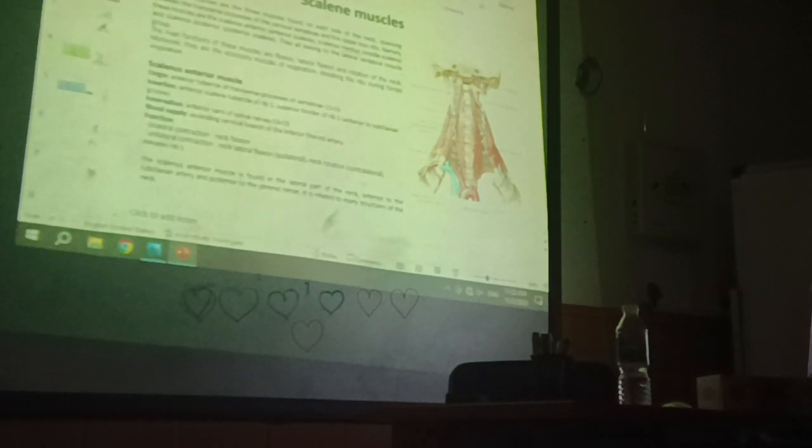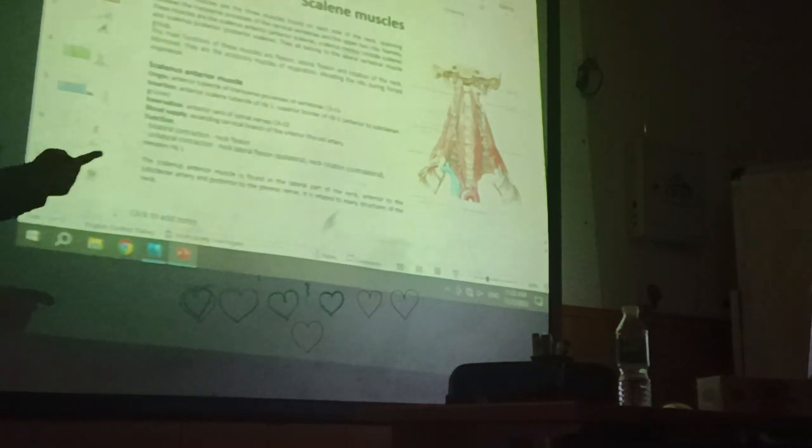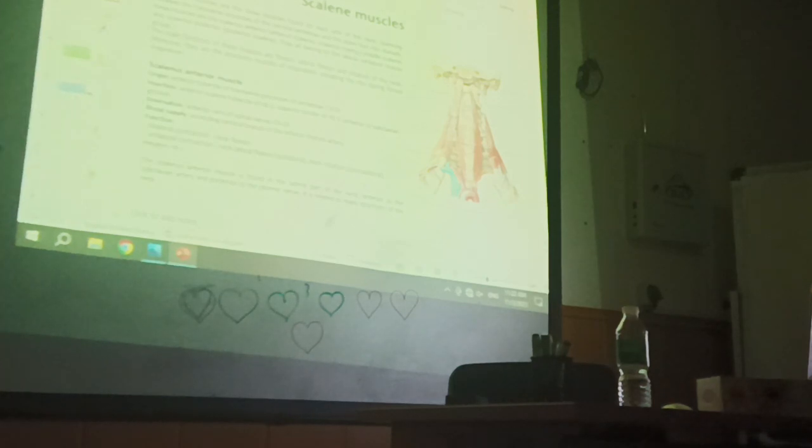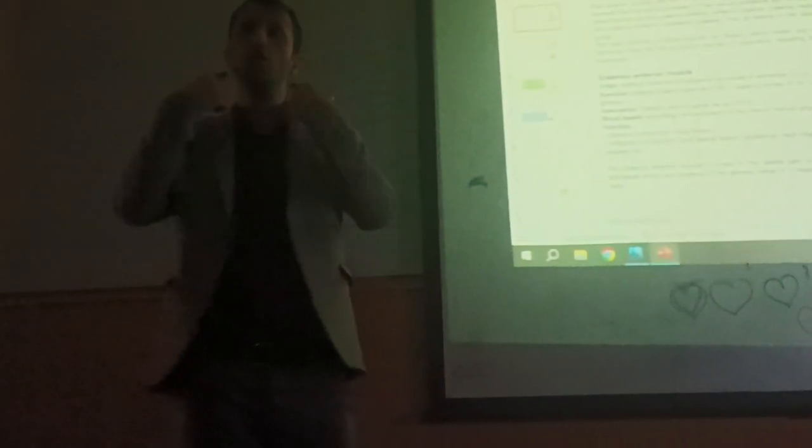Do you remember the scalenus tubercle? The scalenus tubercle is located on the superior surface of the first rib, and it is the site for inserting the anterior scalenus muscle. The function is lateral rotation of the head and neck.